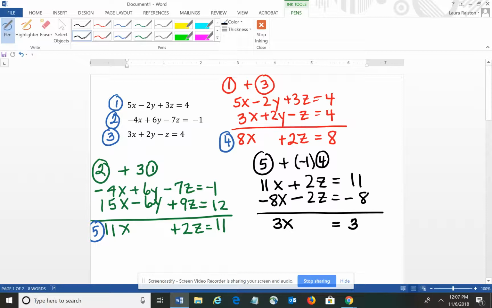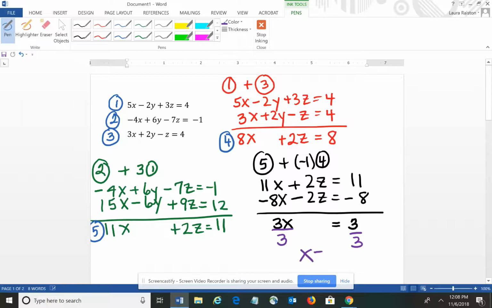At that point, I have an equation that is in a single variable that I can actually solve and find the value of x. So if I solve this equation, which would be equation number 6, I'm going to divide both sides by 3.